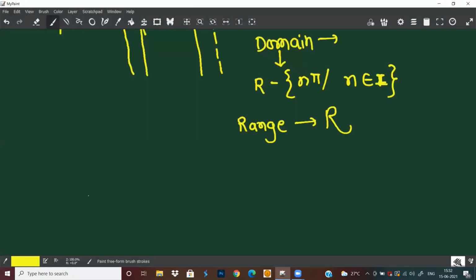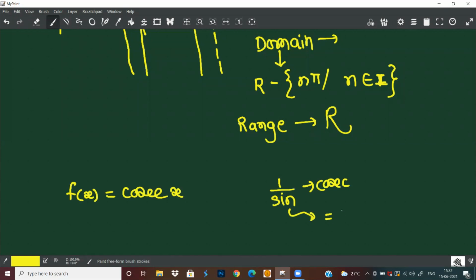Now we take cosec x. Cosec is 1 by sine. So जहाँ जहाँ sine will be 0, वहाँ वहाँ cosec will not be defined.